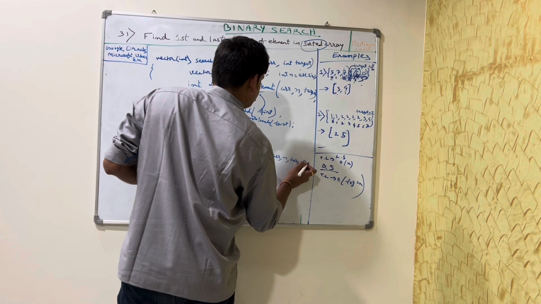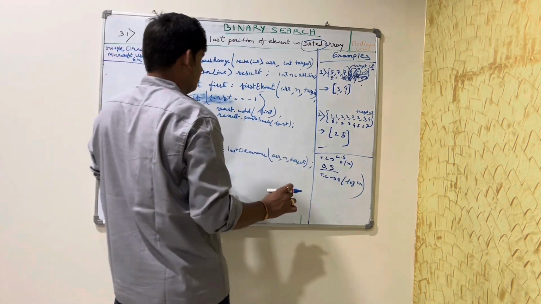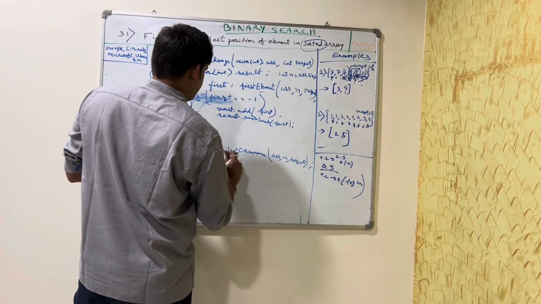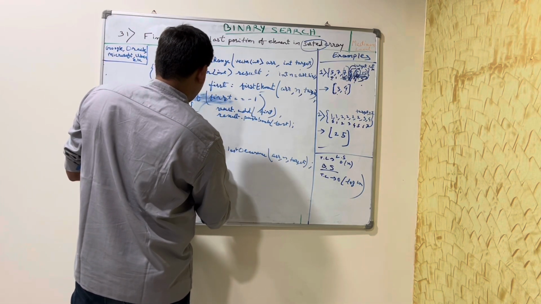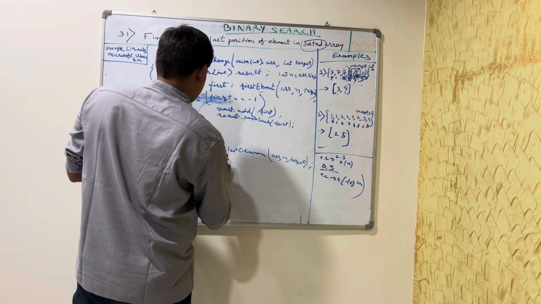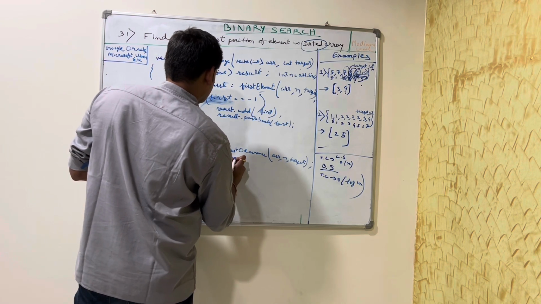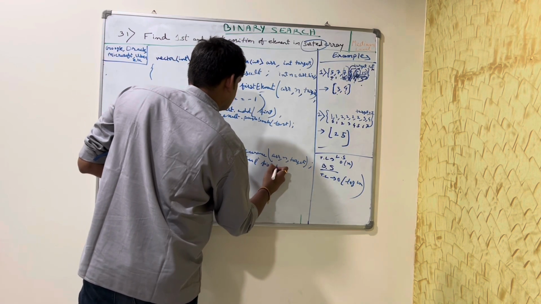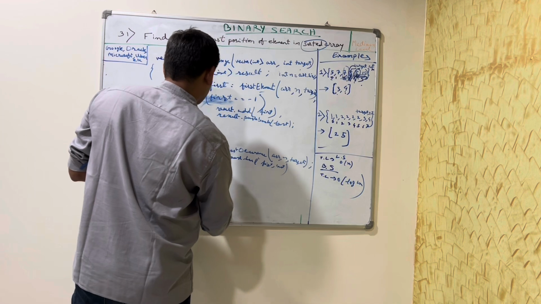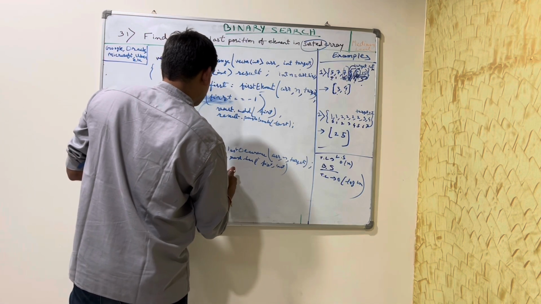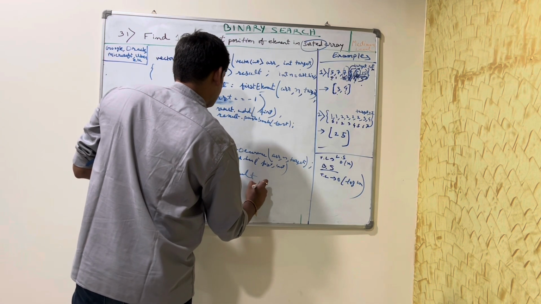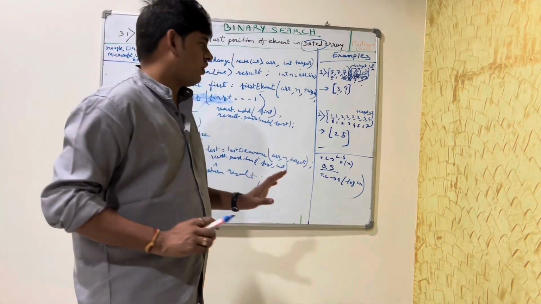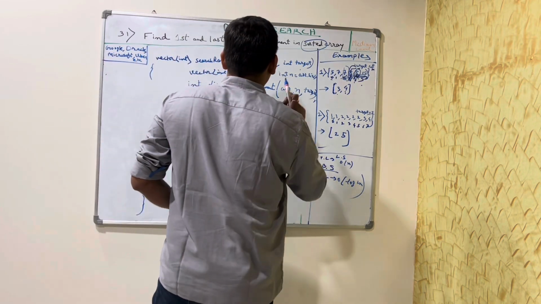We will have a function which finds the last occurrence using binary search, eliminating the leftmost part, and when we find the element, we will just add result.push_back(first) and then last, and in the end we will return result, right? In this way we will be able to solve this problem using binary search in order of log n. So let me code the binary search function first element.